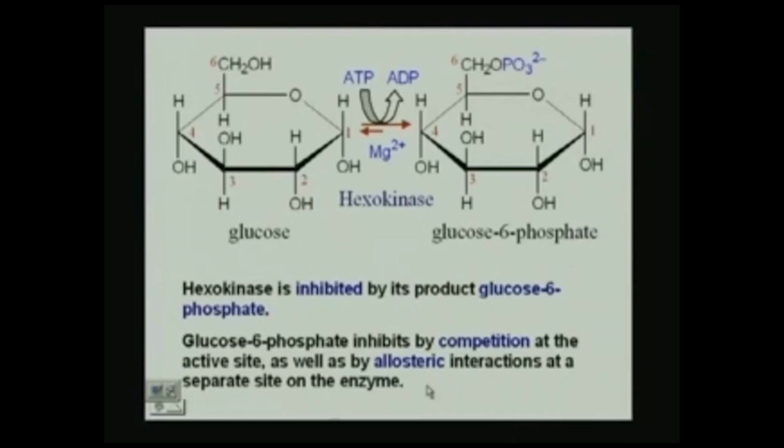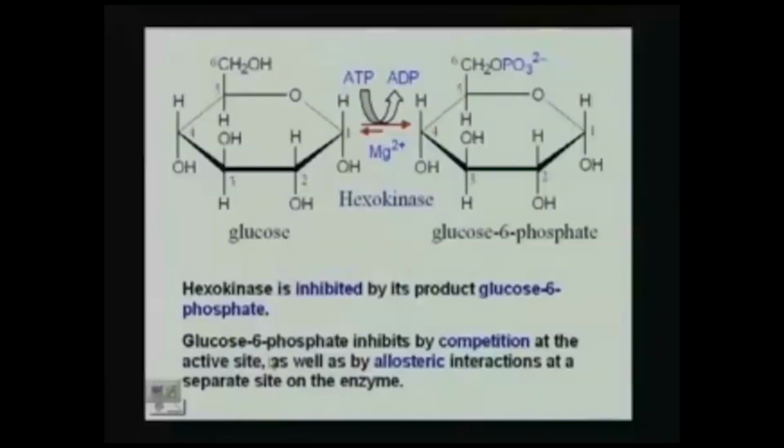It means that it will change the active site conformation to such an extent that it will not be able to bind the substrate glucose. And remember, I showed you a rough cartoon of hexokinase, which has an induced fit as soon as glucose comes into the picture, right? And then the ATP is positioned in such a manner that it forms glucose 6-phosphate.